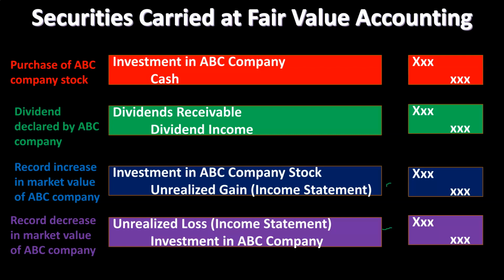We can't do that. So rather than that, because we don't have the control, we're going to wait till they give us the dividend, and that's when we recognize the income. So we put it on the books at the market value. We recognize the dividend income because that's when they're actually giving us revenue. And then we are going to record the fair market value, because we're depending on the market to tell us what the fair market value is.